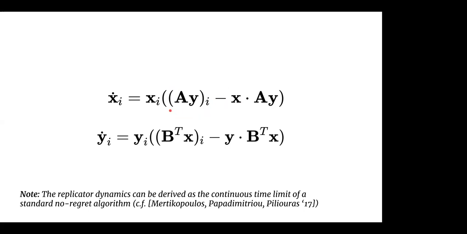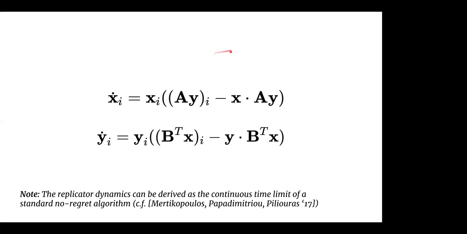So essentially, at any Nash equilibrium, this first term, Ay_i, the reward for playing i, is going to equal the agent's expected reward, right? And as you can imagine, because of that property, this bracket goes to 0, this bracket goes to 0, and so the replicator dynamic has reached a fixed point, right? Because the right-hand side of this is all 0.